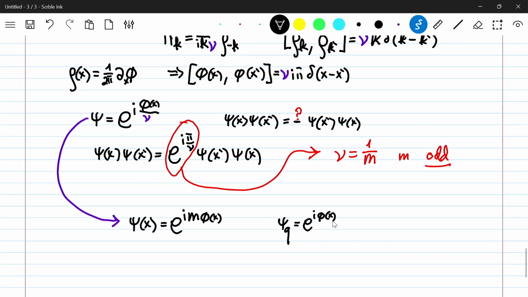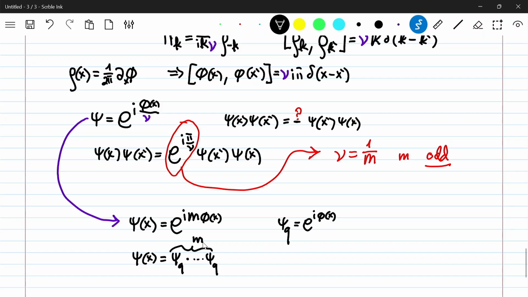What is this particle? It's not a fermion, for the reason we said, but because m is an integer, I can actually write psi as a product of m times psi q.